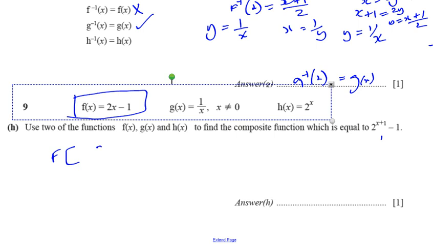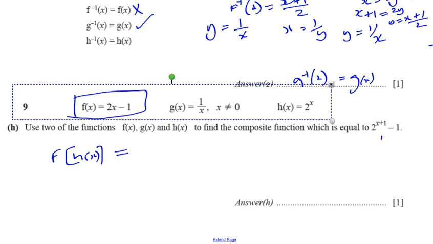So we've got to figure out which one goes in. Is it h or is it g? You can see here x is in the power. So if we put h(x) into the function f(x), what will we get? That's the only one that's going to work.